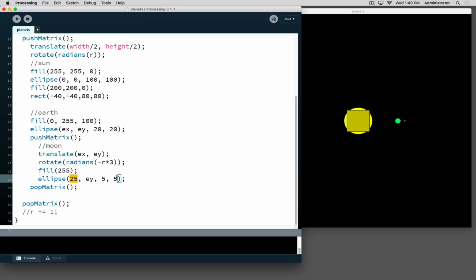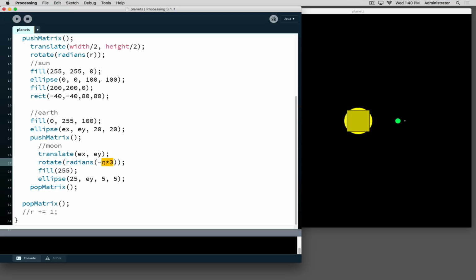Now the Moon has a radius of 5. It rotates at a negative speed, a faster speed than what the main planet is rotating, because it's that amount times 3. So it's going 3 degrees for every one of the planet, which is why it seems to be going faster.